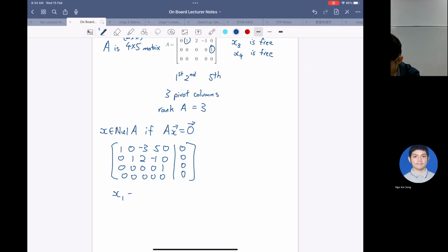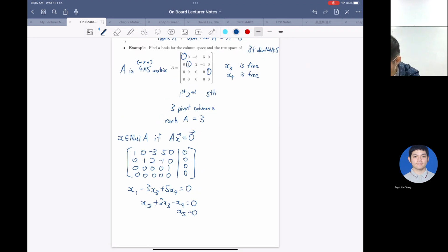x1 minus 3 times x3 plus 5x4 equals 0, and then x2 plus 2x3 minus x4 equals 0, and then x5 equals 0. So what's the parametric vector form?